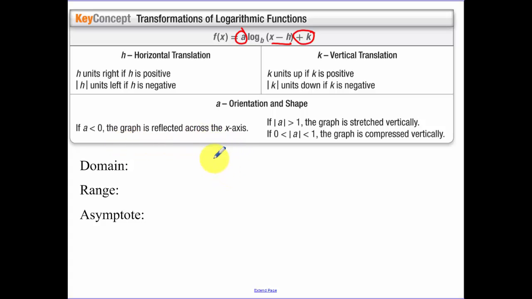Again, as a reminder, for the domain, x minus h has to be greater than 0. So therefore, x has to be greater than h. Your range is always all real numbers, and your asymptote is the value that makes this 0, so that's x equals h. So that's an easy way for you guys to find domain, range, and asymptote.